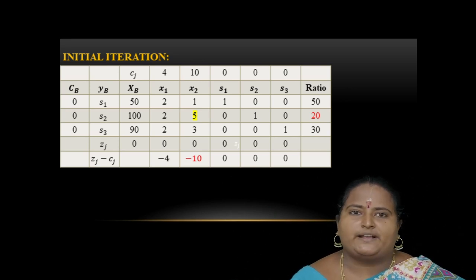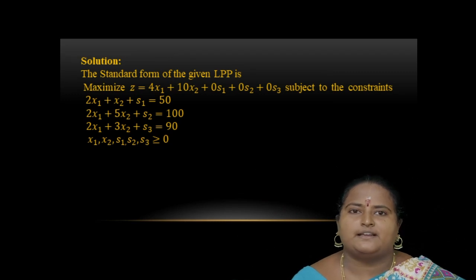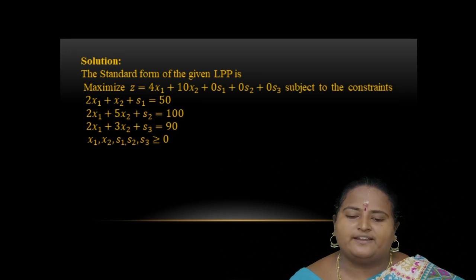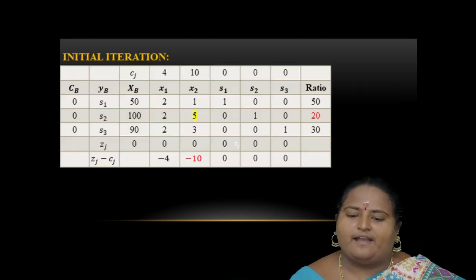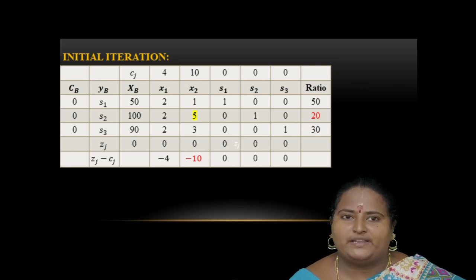When coming to the coefficient of x1, all the three constraints have the coefficient of x1 as 2. When coming to x2, the coefficients of x2 in the three constraints have the values 1, 5 and 3 respectively. And here come the coefficients of the slack variables.